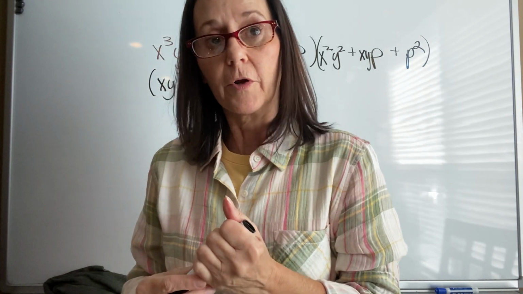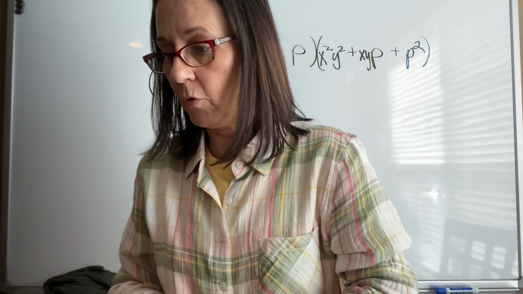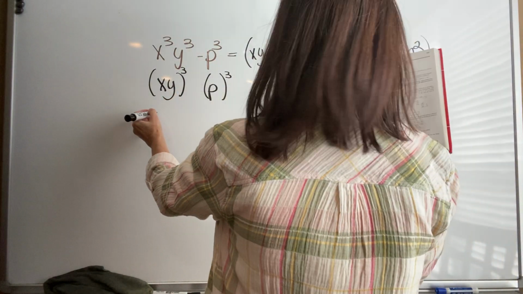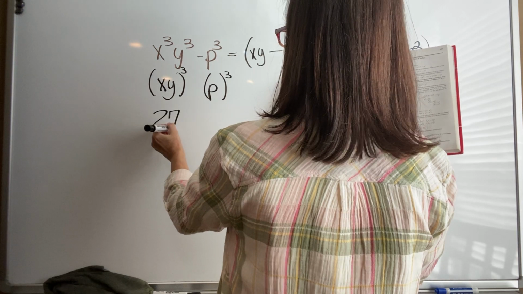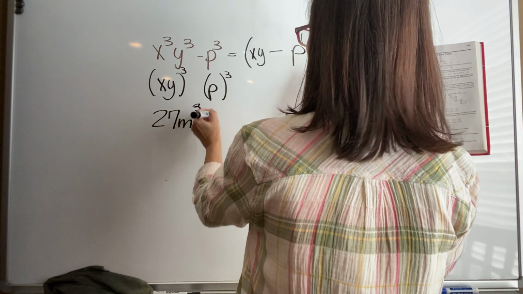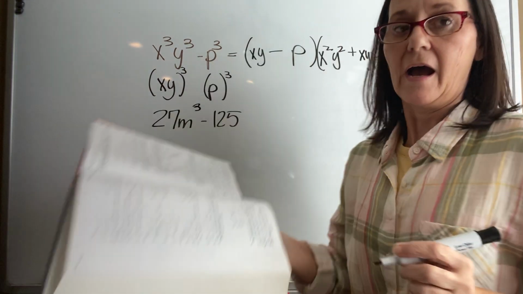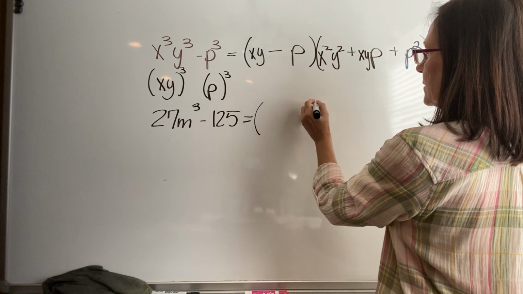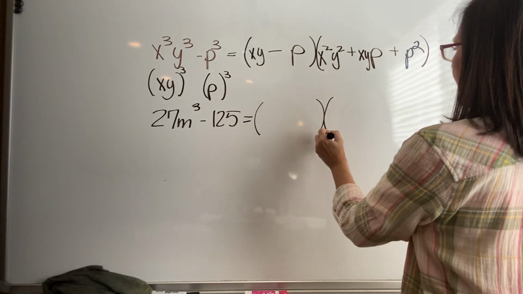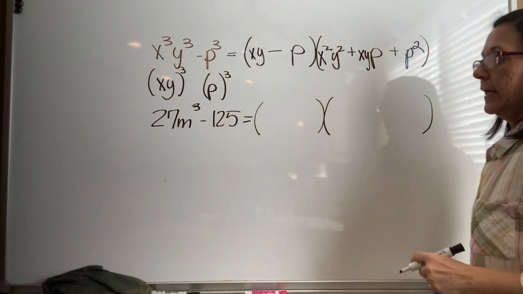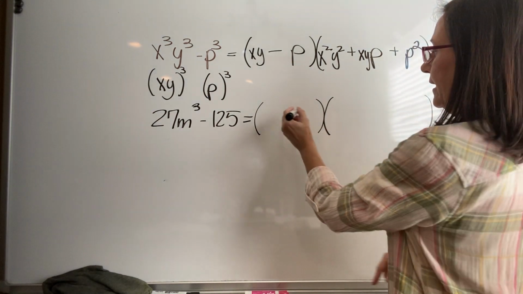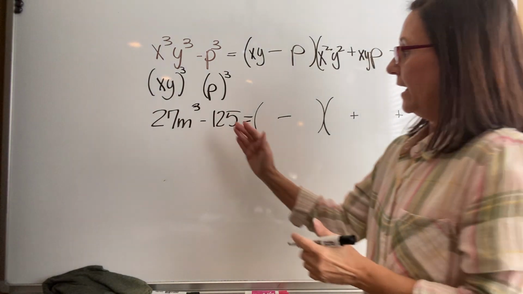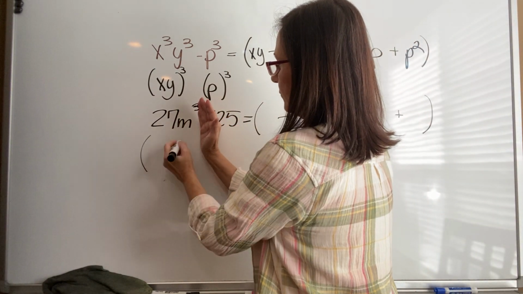Now, we're going to do one more minus. It's not in your book. I'm going to write it down. So let's factor 27m cubed minus 125. I know that those are perfect cubes. I'm going to write my binomial, make space for my trinomial, and if it's minus, plus, plus. Now I look at this first term.